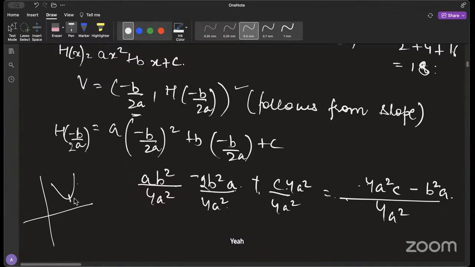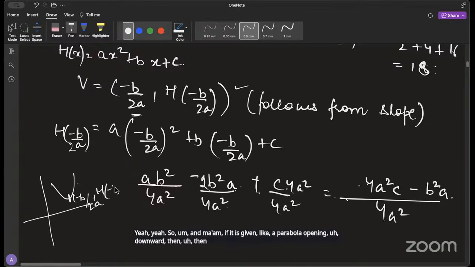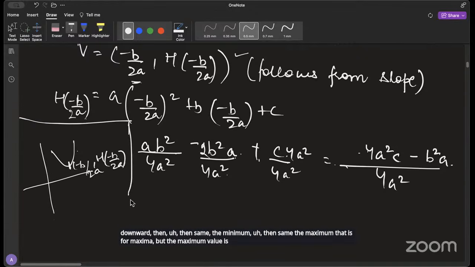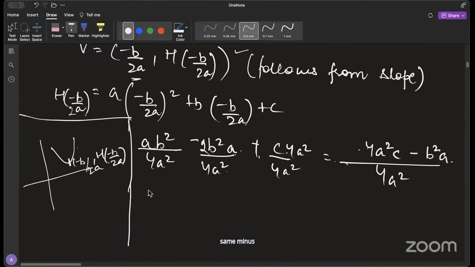And ma'am, if it is a parabola opening downward, then that is for maxima, but is the maximum value given by the same minus b by 2a, or do we use minus d by 4a? No, it's the same.